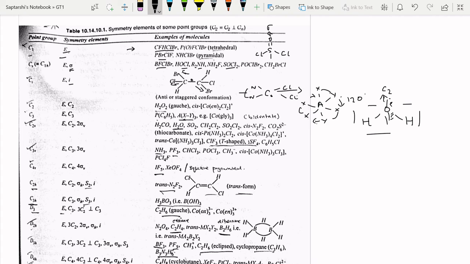We also have C3v as for NH3, similar to H2O, except the difference is it has a C3 instead of C2. So these are just famous examples, that's why I'm showing it to you, right? NH3.